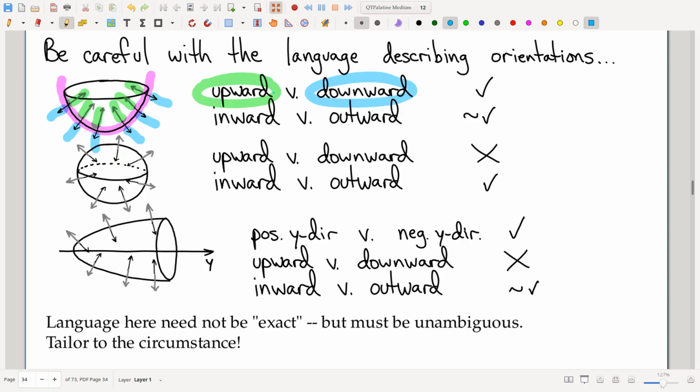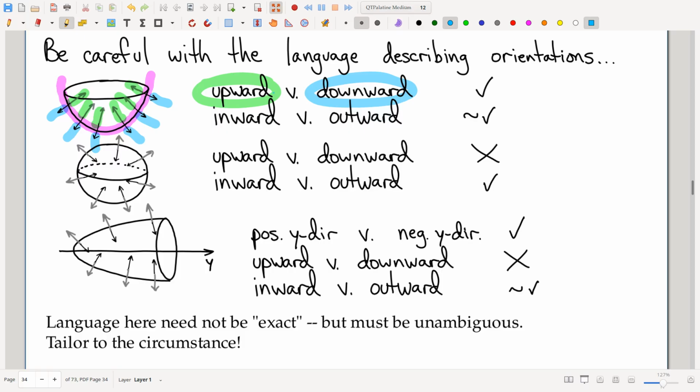Now, are those green vectors all exactly straight up? No. Almost all of them are not exactly straight up. Well, yeah, right, of course. But if I say oriented upward, and if you know that these are the 2 options, I don't think there's any ambiguity here, right? Obviously, the green vectors are all at least somewhat upward and not in any sense downward.